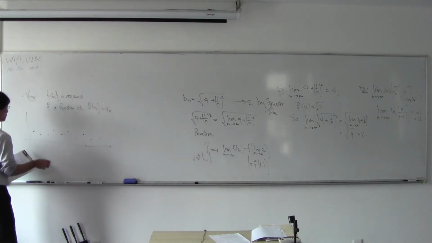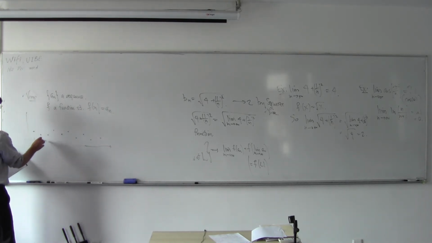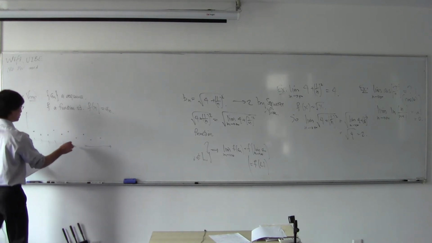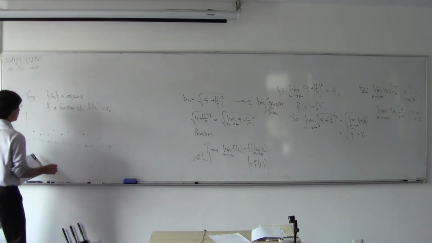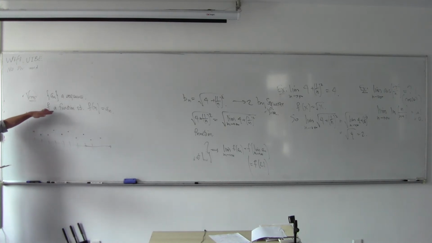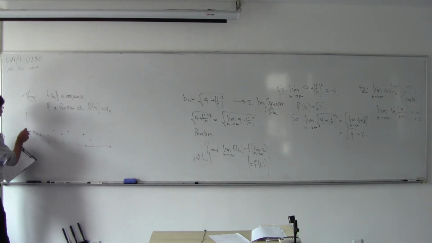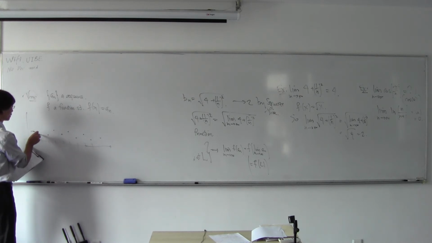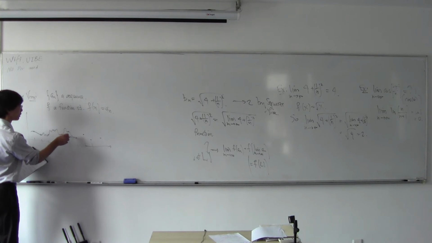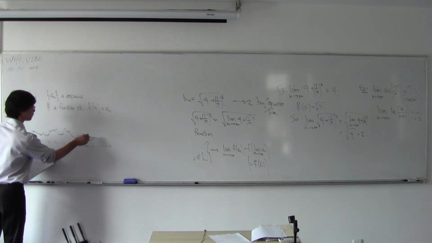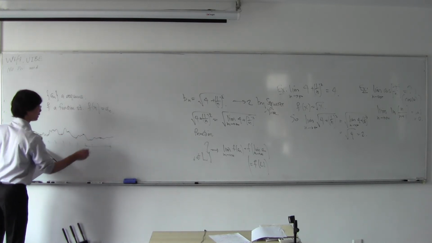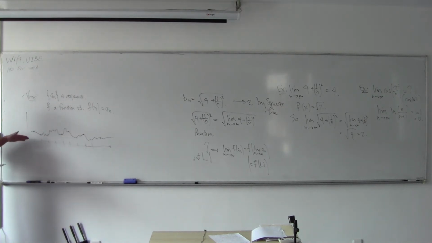You have some sequence, a sub 1, a sub 2, a sub 3, a sub 4, a sub 5, a sub 6, but you also have a function, and the function takes on the same values at those times. So you have the function, and it agrees with your sequence.